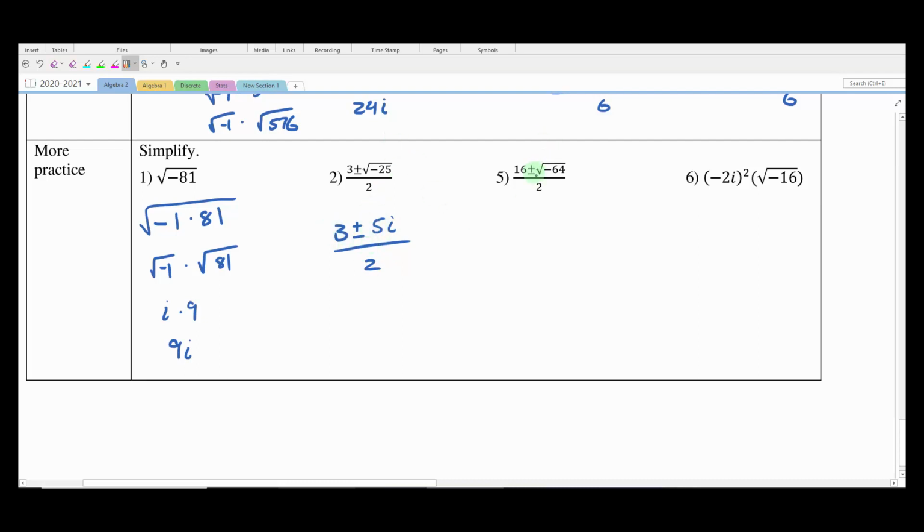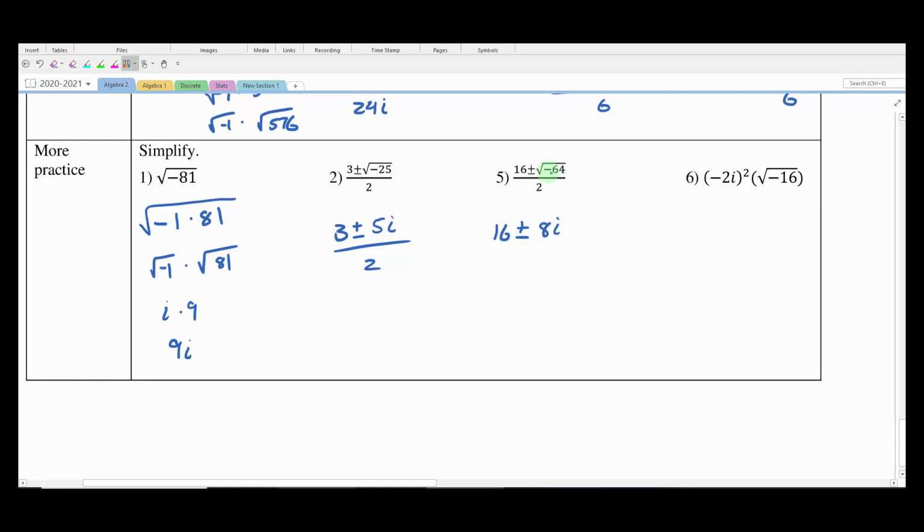Okay. So let's give this one a try. So this is 16 plus or minus the square root of -64. So we see that complex situation going on right here. And we actually did the square root of -64 in one of the previous problems. So we know that this is going to be 16 plus or minus 8i, right?